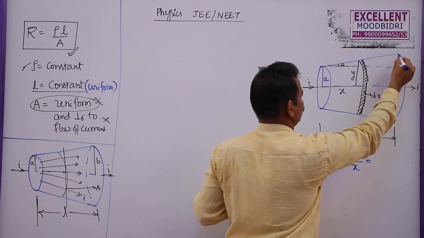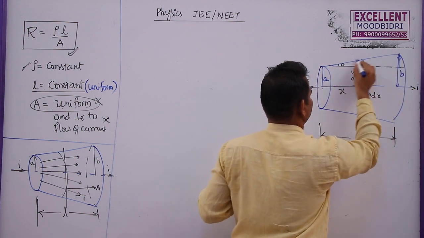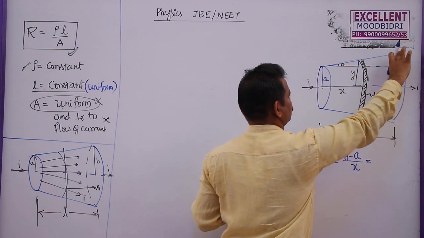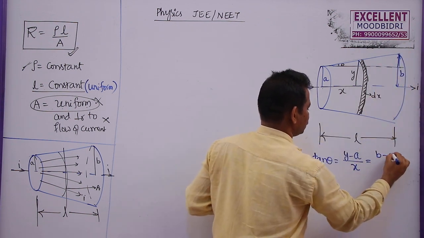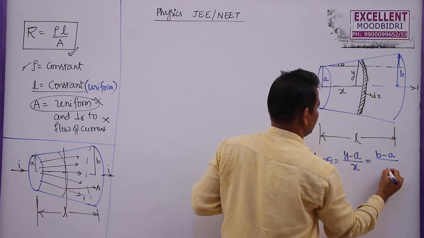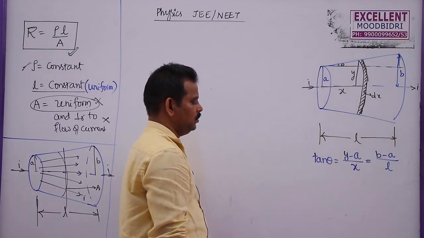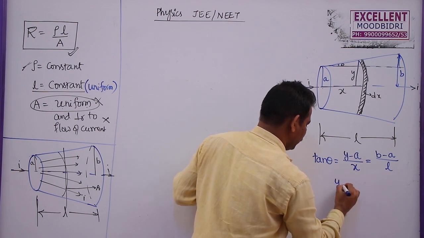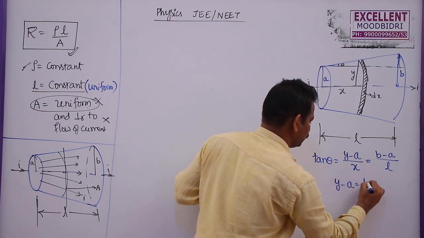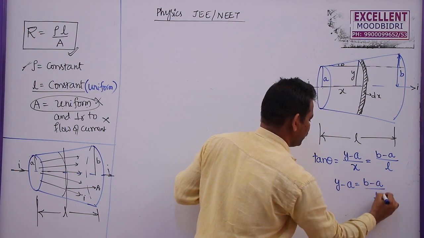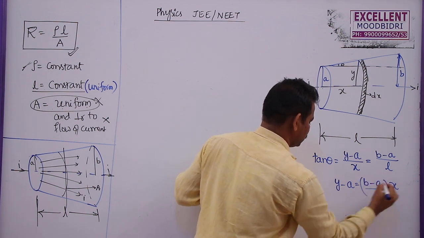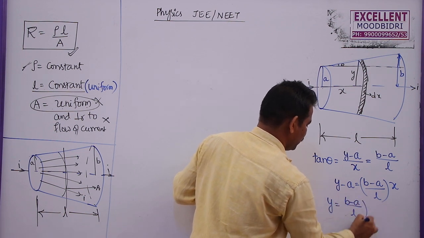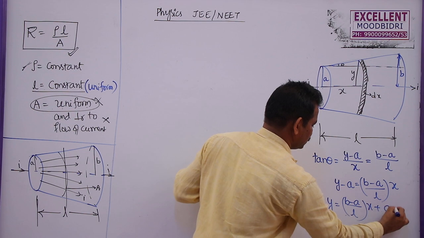As it is similar triangles here, tan theta can also be written as, this is b, this is a, so this will be b minus a by, from here to here the length is L. So from this, by cross multiplication, y minus a is equal to b minus a by L into x, or y is equal to b minus a by L into x plus a.